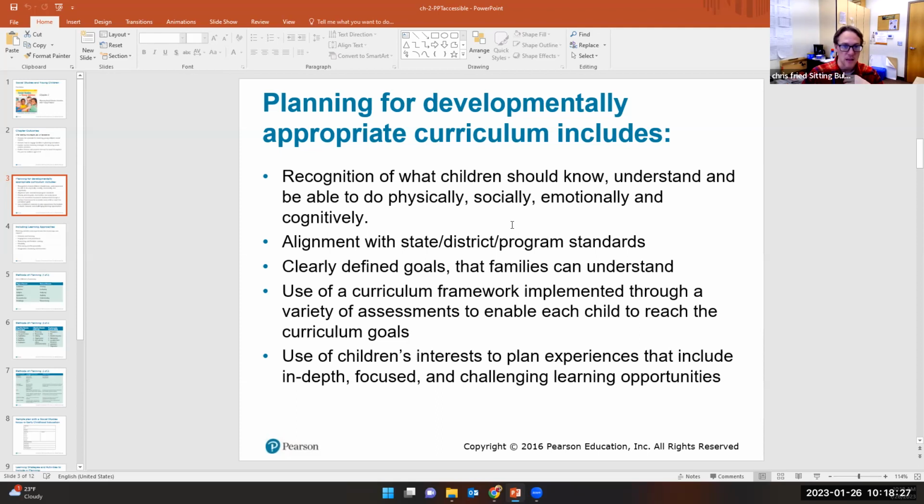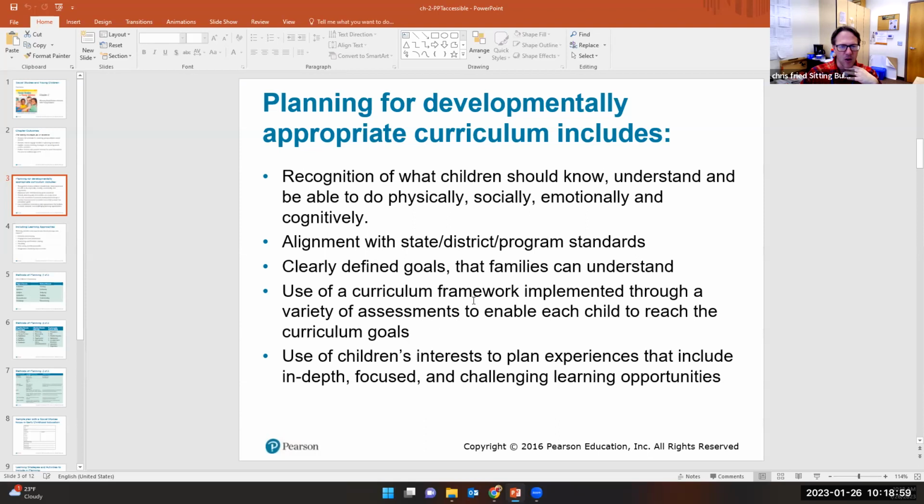We want to make sure we have defined goals, whether for our daily or weekly lesson plans, or for our overall program, like what is the goal of social studies in our early childhood program. For our overall program, we definitely want to communicate those goals with our families and make sure that they can understand them.